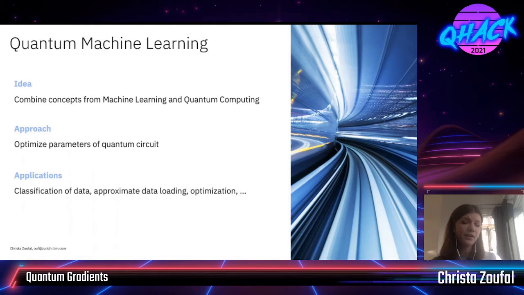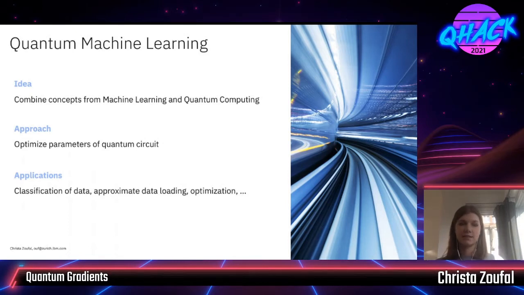We are currently at the moment where we already have some first quantum computers, which means that we can already try out how quantum algorithms behave in practice on an actual machine. But we are still limited in terms of what the hardware can do. We need to make sure that our circuits are short. We need to take into account that we have limited connectivity on the devices and shorter coherence times.